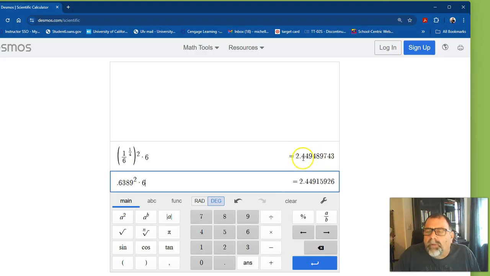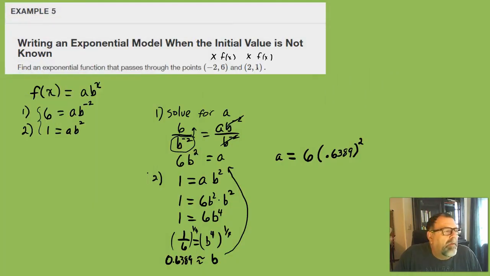So 2.4495. I'm going to use the little more accurate one. So that's going to be about 2.4495. Okay? So now I can write my function. I have my a and b, so I'll plug it in here.